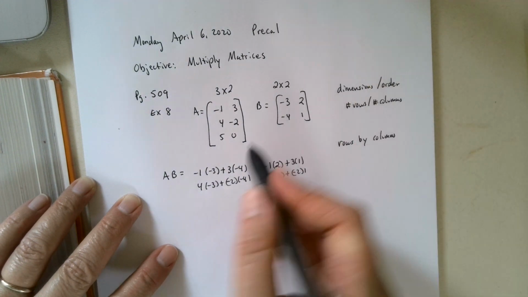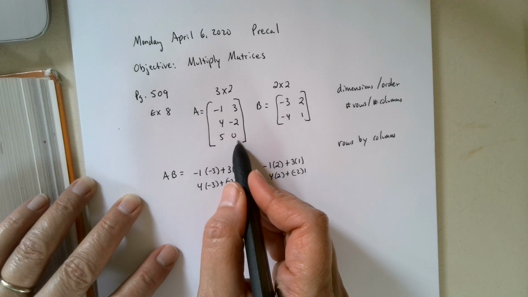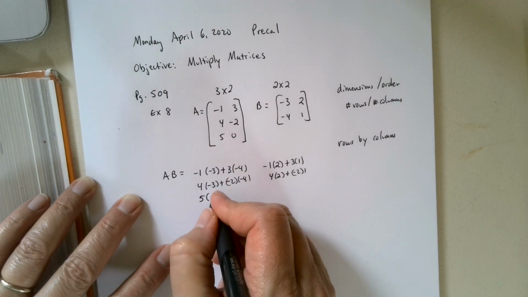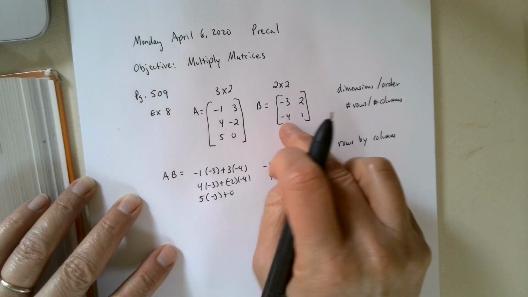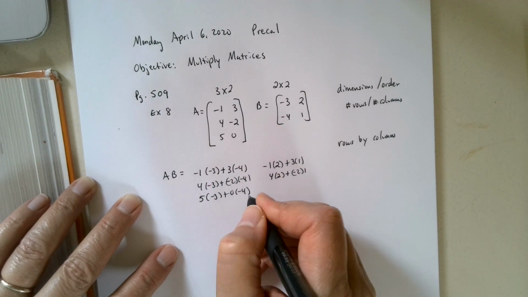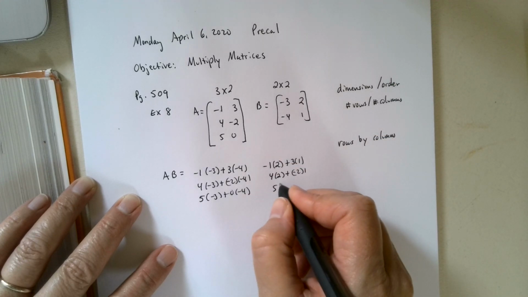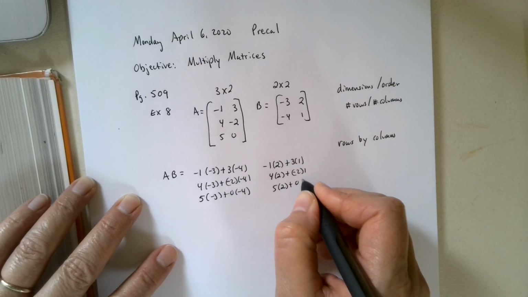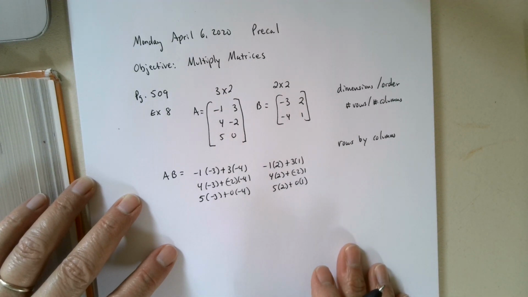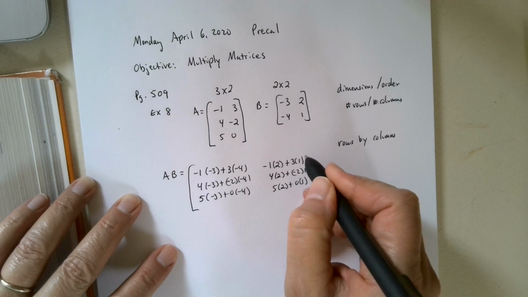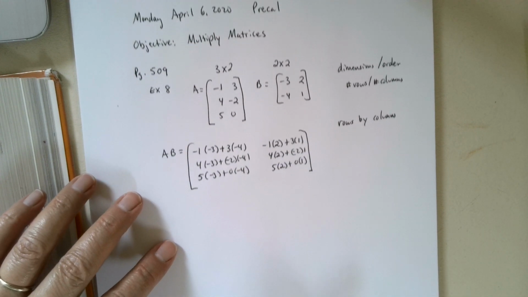Now I'm out of columns, so I'm going to move to the third row and repeat, very repetitive. So 5 times -3 plus 0 times -4. And then I'm going to scoot over to the second column, and I'm going to have 5 times 2 plus 0 times 1. Now I'm out of rows, I'm out of columns, so now it just comes down to arithmetic.